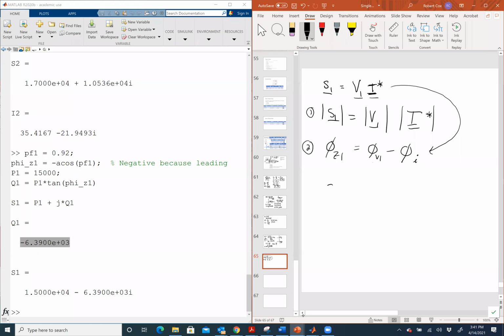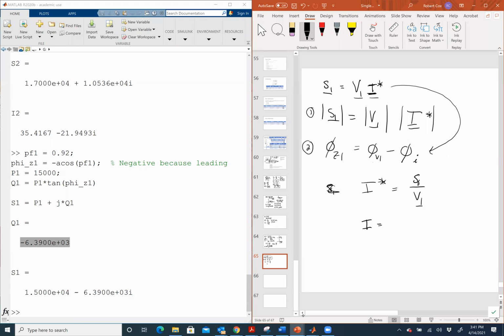What I did in my code is I said, well, it's also true in one step that I conjugate equals S1, the complex power vector, divided by V1, the angle of that voltage. And again, not I1, I, right? So what I say is take the conjugate of both sides.